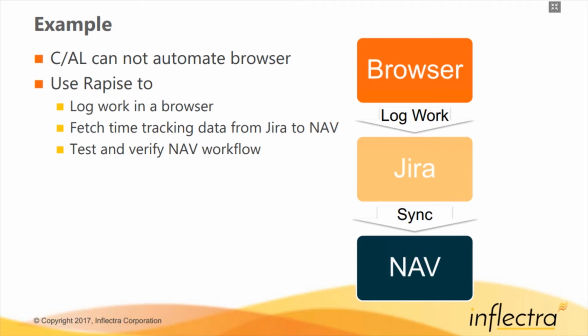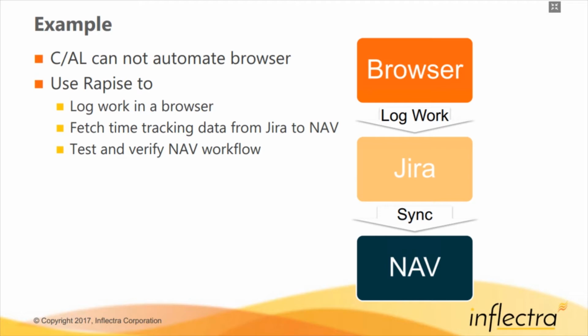So people work on some tasks for some period of time, and they need to log this information into Jira. And they do this using a browser. Then Dynamics NAV fetches all this information from Jira and automatically creates sales invoices and sends them to clients.